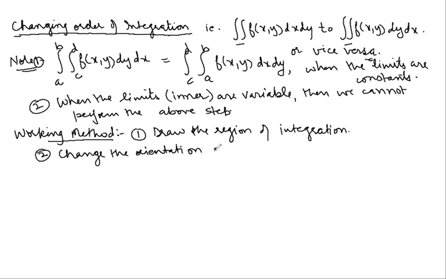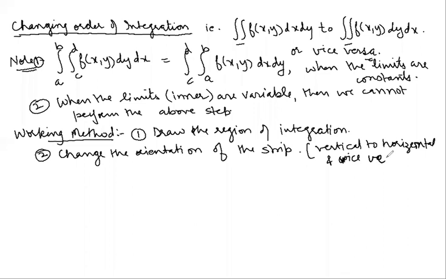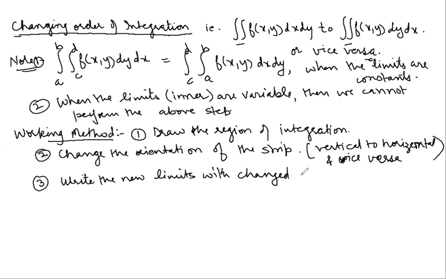Orientation का मतलब कि अगर vertical है तो horizontal, and if it is horizontal then change it to vertical, and vice versa. And the third one is write the new limits with changed order of integration.